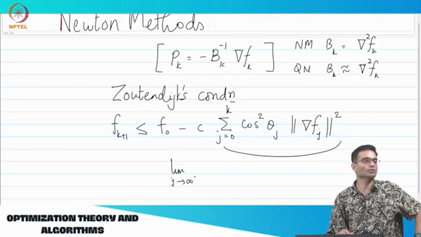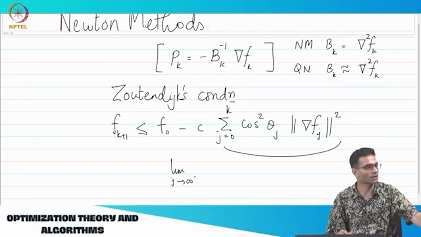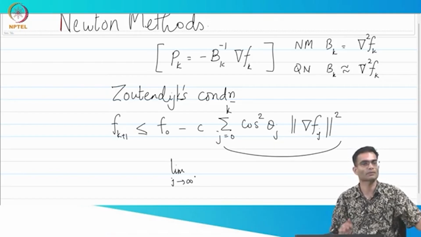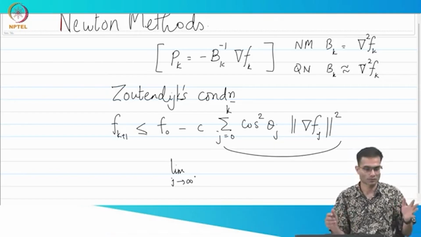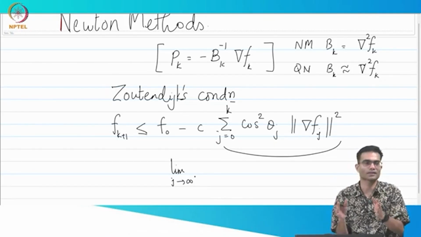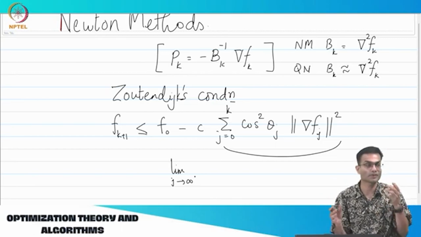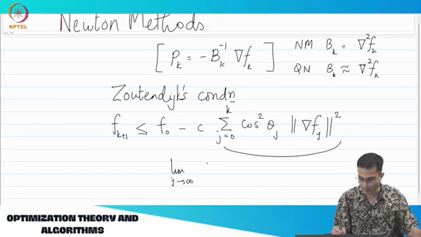As j tended to a very large number of iteration steps, what did we want for the method to converge? This term, cos theta j times grad f, should be tending to 0, right?